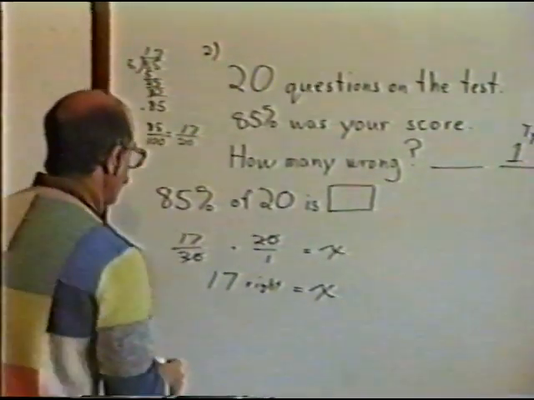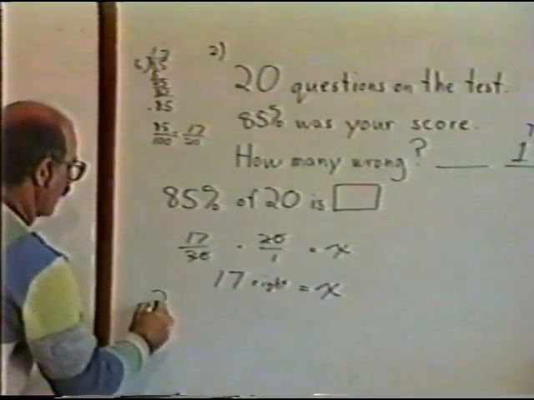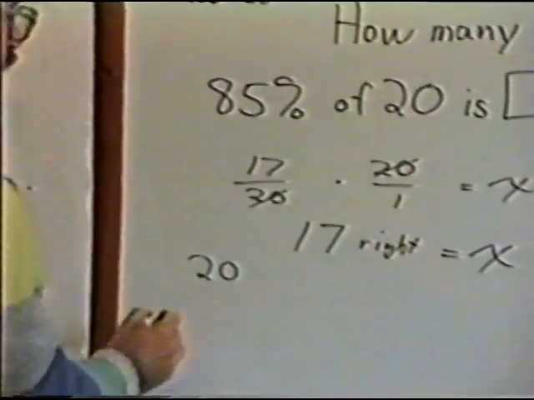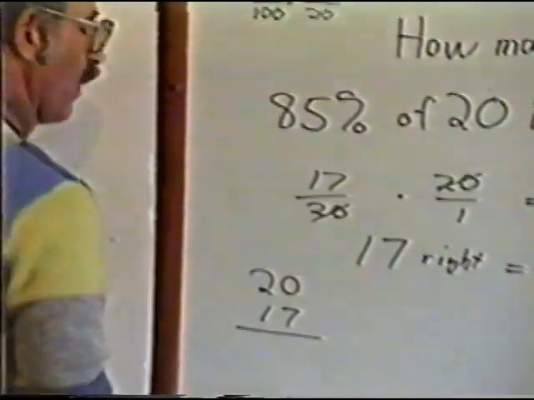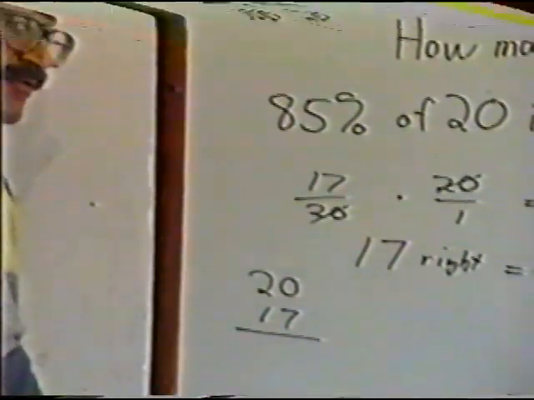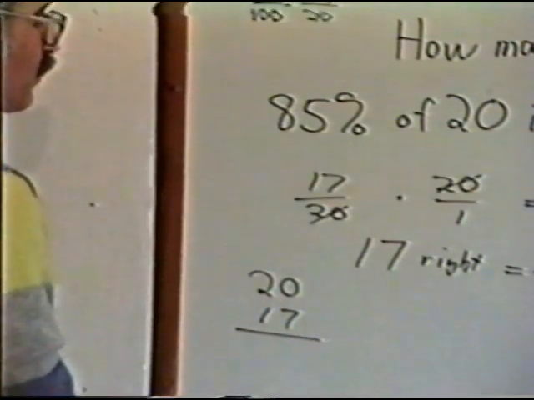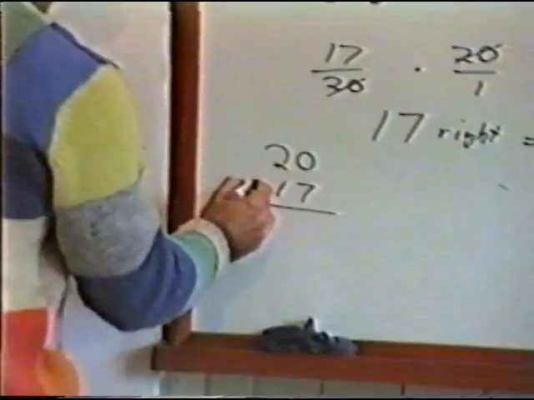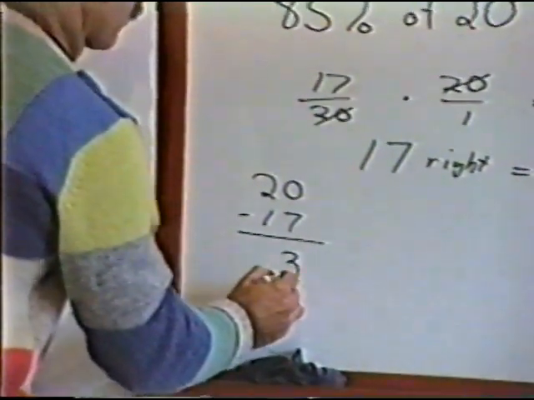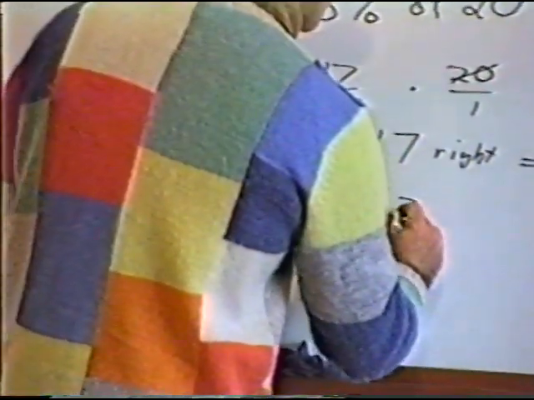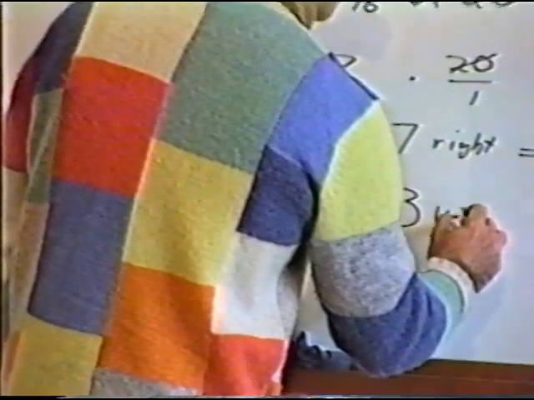We have to say that on the test there were 20 questions in all, and 17 were right. What do we do with those two numbers to find out how many were wrong? Subtract. And 20 take away 17 is 3. 3 were wrong.